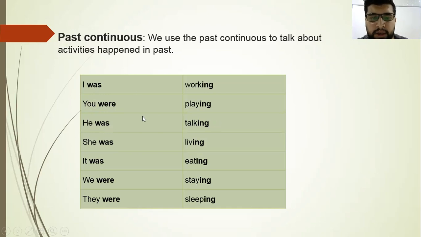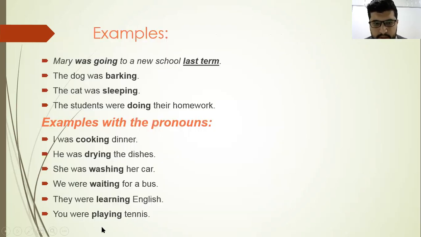I was working, you were playing, he was talking, she was living, it was eating, we were staying, they were sleeping. You have to study these pronouns and memorize all of these. Please do not forget it. When you go to the questions, you will need these, because we'll just do I was, you were. So memorize these, please.